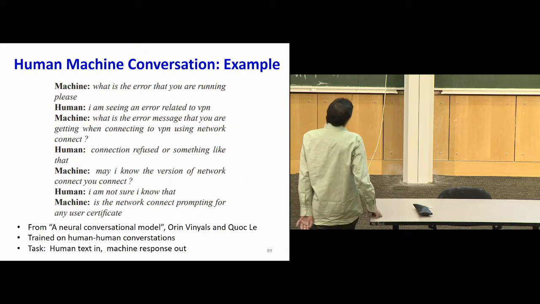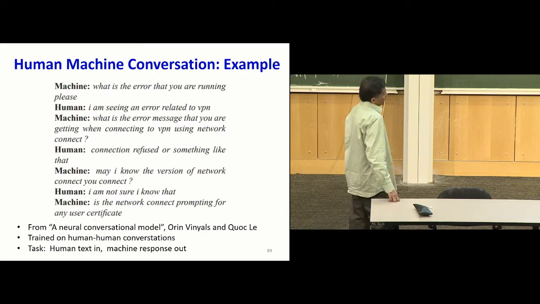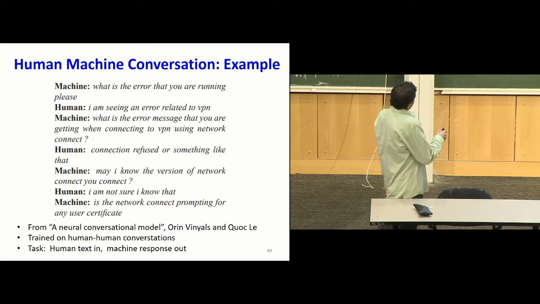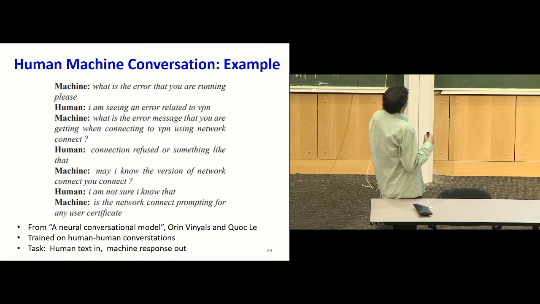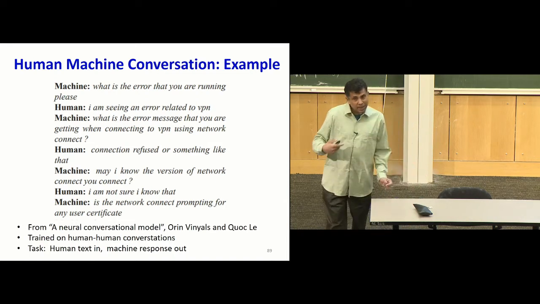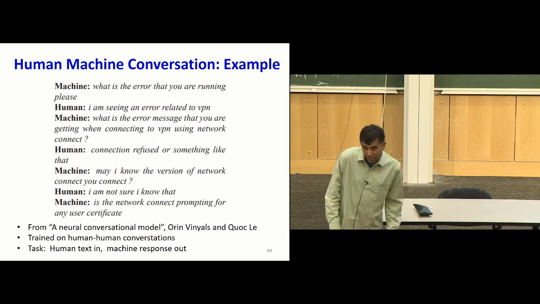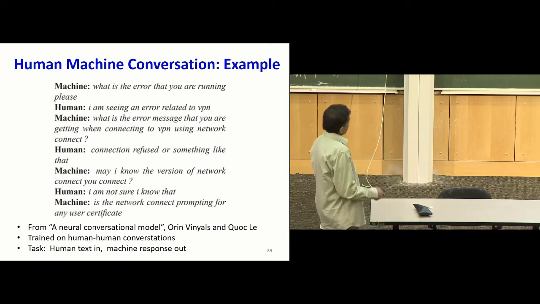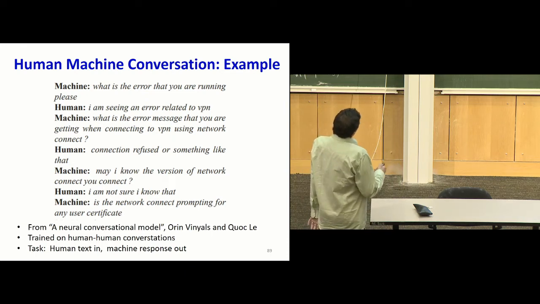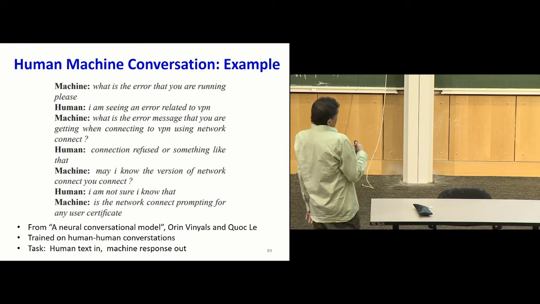Here's a different example. This is something that we can understand. This is for a dialogue system from a neural conversational model by Oriol Vinyals and Quoc Le. We're using the same model here, except the input is now some text input by the human, and the output is the machine's response. So both are in English. The machine starts the dialogue.